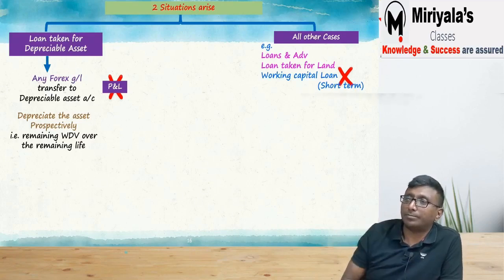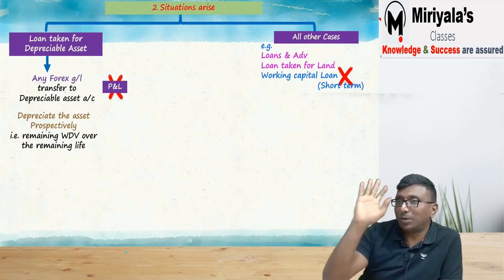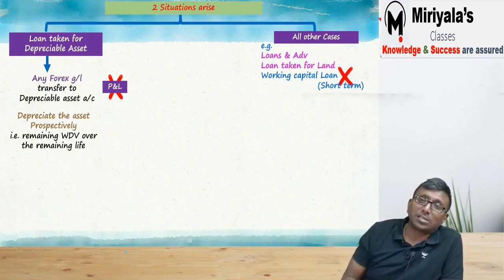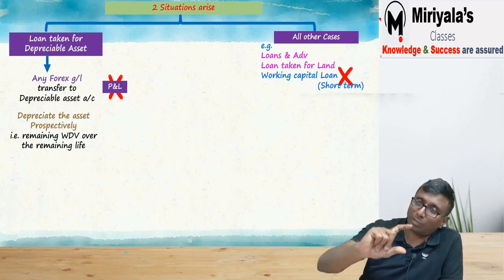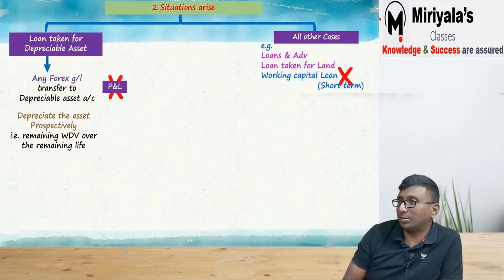Loan account debit, and the foreign exchange gain should not go to P&L. You have to write PPE: not to P&L, to PPE. If it is a loss, PPE account debit to loan account. Only PPE to loan, loan to PPE. That's all. Nowhere will it go to the profit and loss statement. Have you understood? That is one.